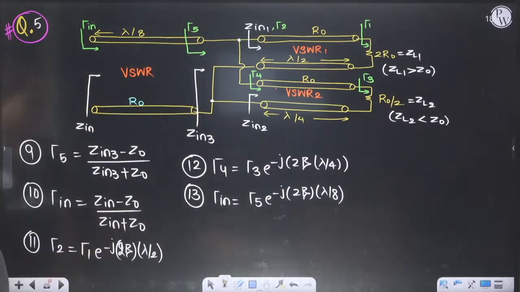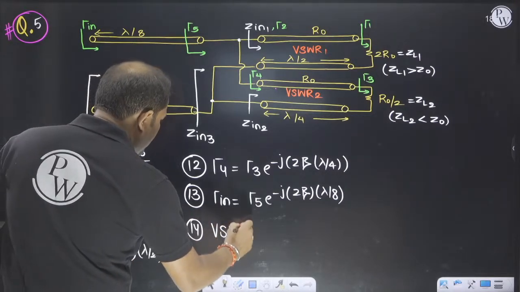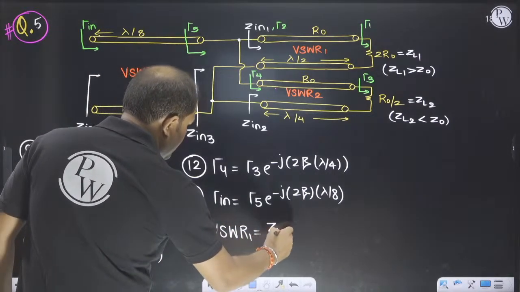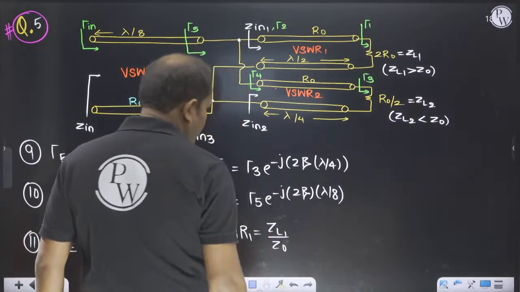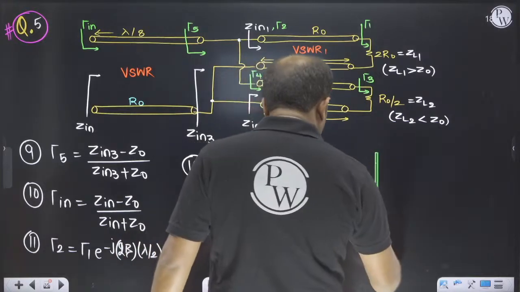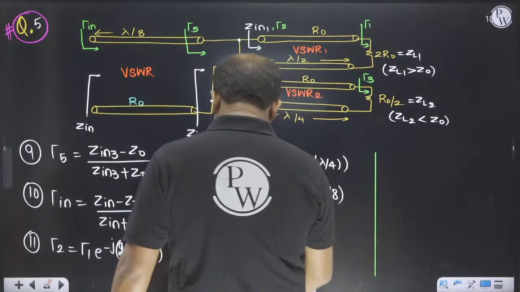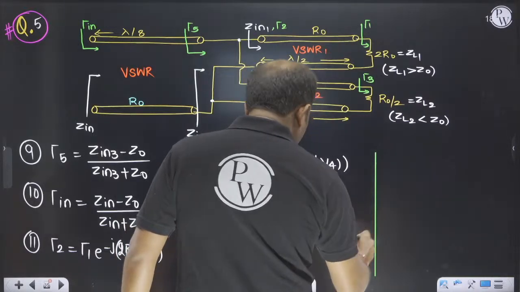Then we have calculated VSWR. VSWR 1 is ZL 1 upon Z naught, because ZL1 is greater than Z naught.